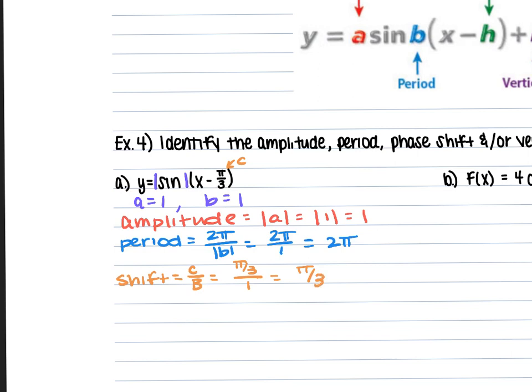Because this is positive, this is going to be to the right pi over 3 units. So we have our amplitude is 1, our period is 2 pi, and our shift is right pi over 3 units. Now you may be wondering why we do it this way, and in example C, you're going to see why exactly we do it this way.